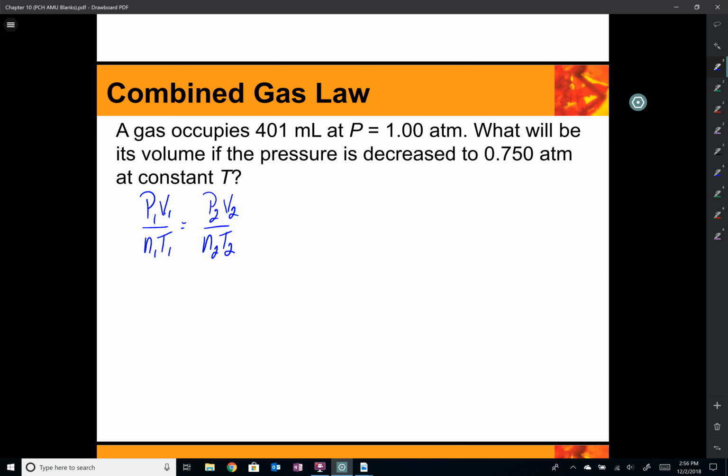What information are we given? We're given V1, 401 milliliters. We're given P1, 1.00 atmospheres. It says the pressure is decreased, so P2 equals 0.75 atmospheres. And it asks what the volume will be, so we need to figure out V2.